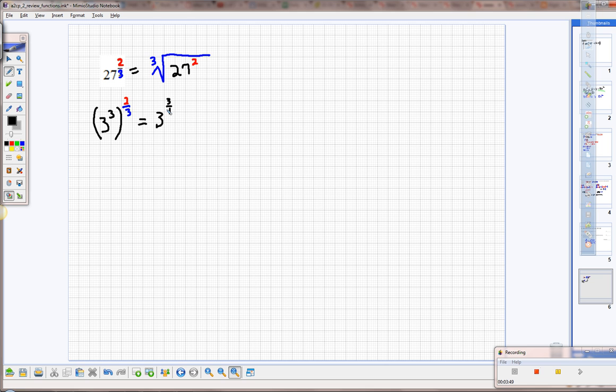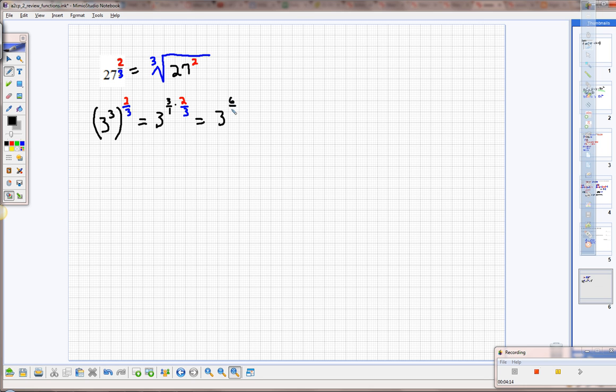So that's 3 raised to the 3/1 times 2/3. Still color coding. That does take a little bit longer. And what is that the same as? Well, we won't color code with this. 3 raised to the, well, 3 times 2 is 6. 1 times 3 is 3.